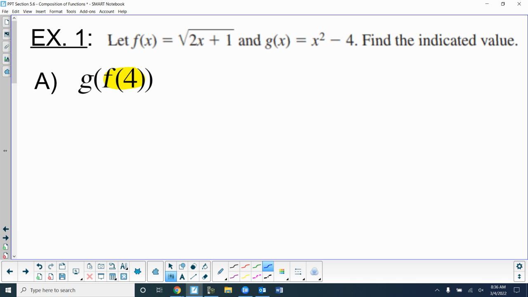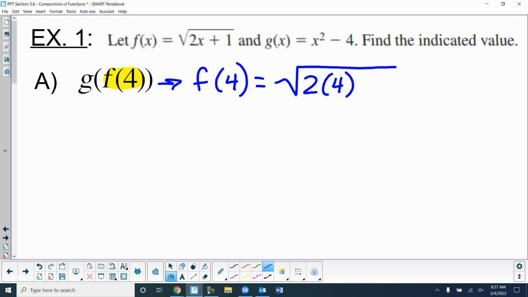It's like two problems, basically. All right? So the first thing we do is f of 4, which means to put 4 in place of the x in the f function. It just means to substitute 4 in place of x for the f function.